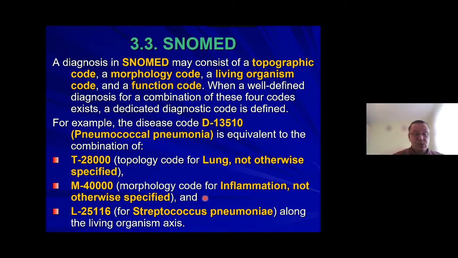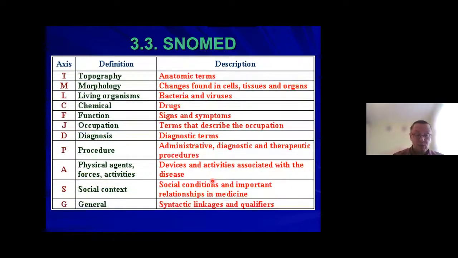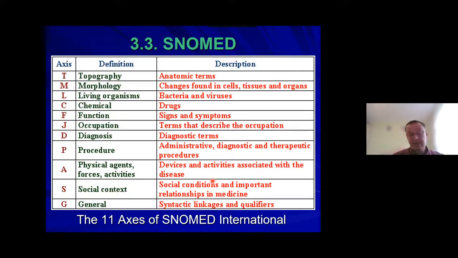We have at least 4 ways to reach the same codes, practically many more, because we have an 11-axis classification. Not all codes can be reached under all 11 levels, but every time we have more than 1, more than 2, more than 3 approaches to reach that specific classified element.